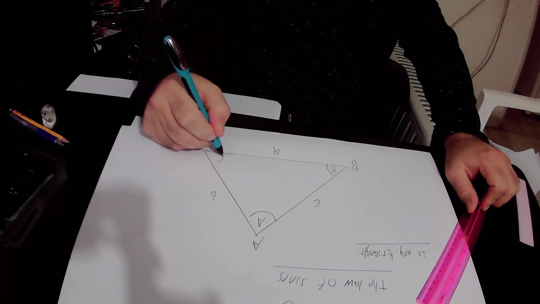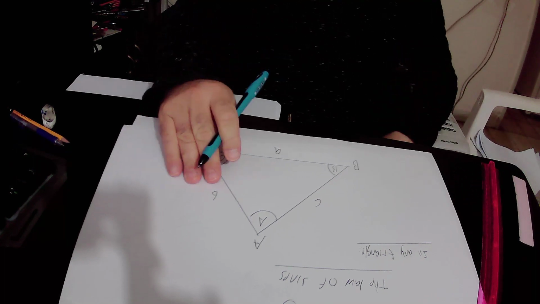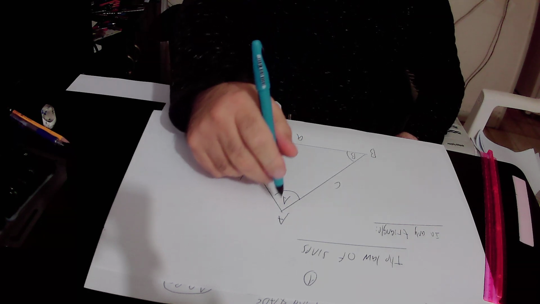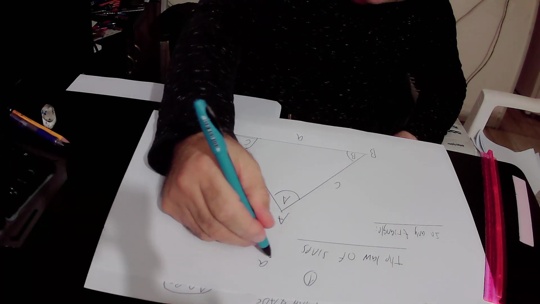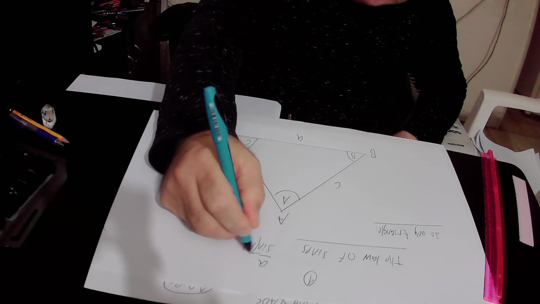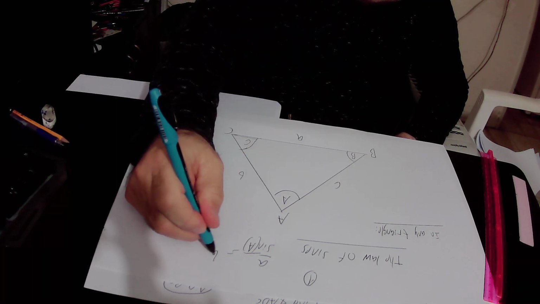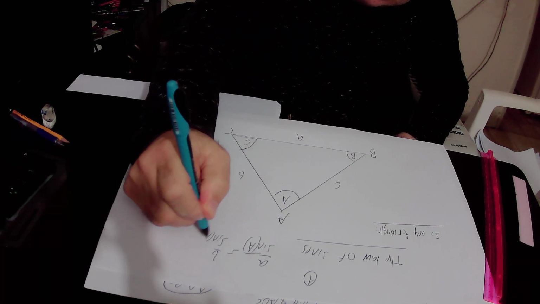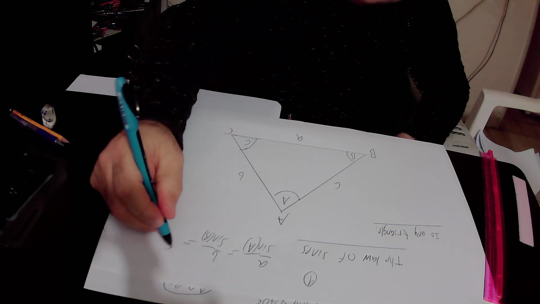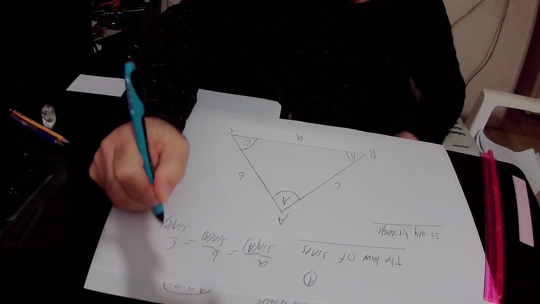And this is angle C. Then according to the law of sines, A over sine A equals B over sine B, that equals C over sine C. And this law is true in any triangle.